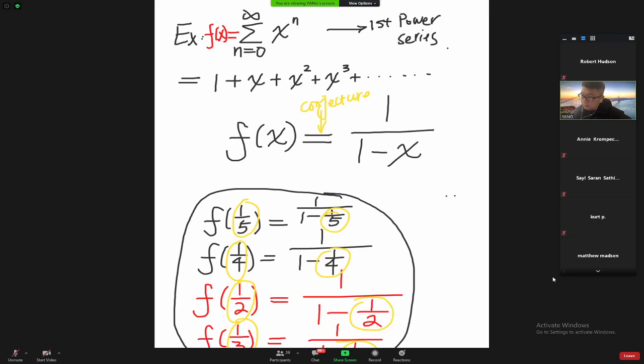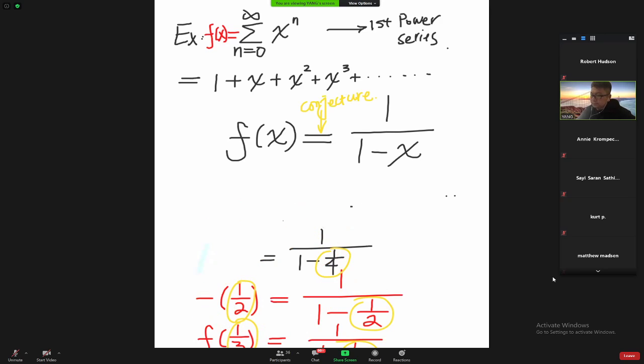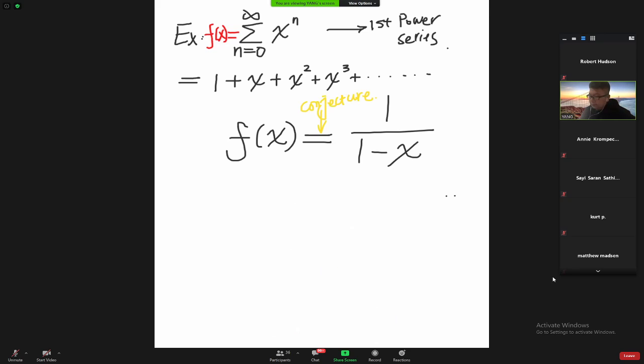This is my guess. Okay, then if it is true, I'm gonna erase this one, all right? If this conjecture is true, I can find f(2), right?